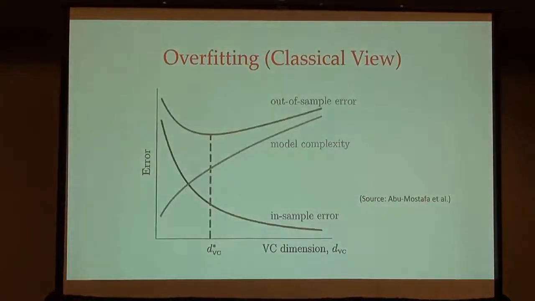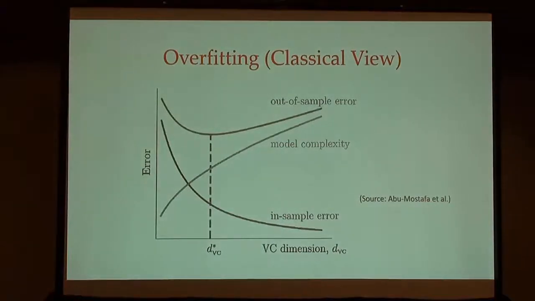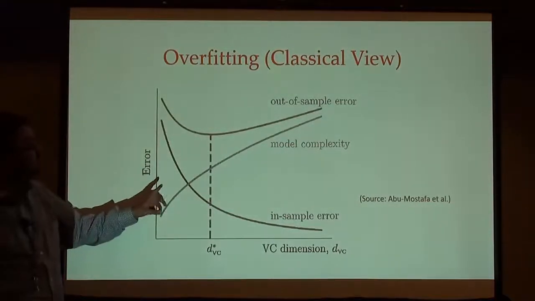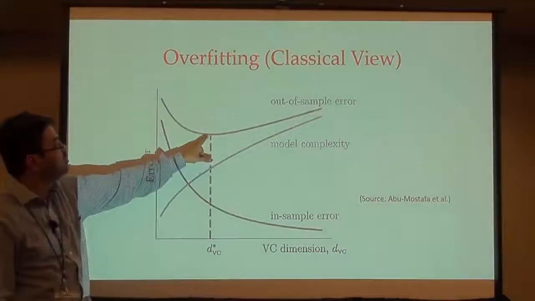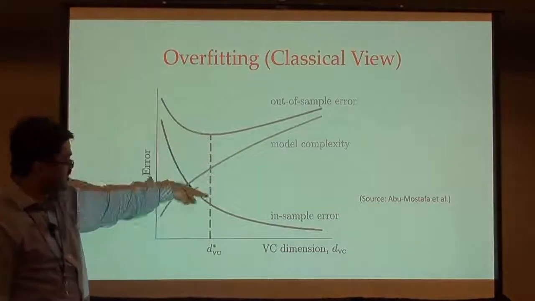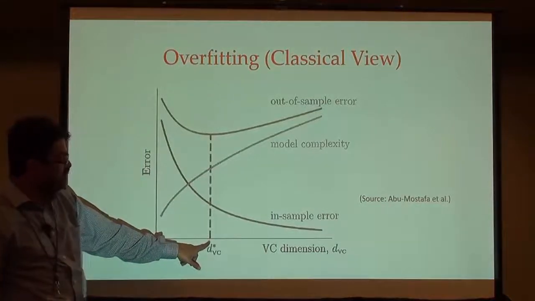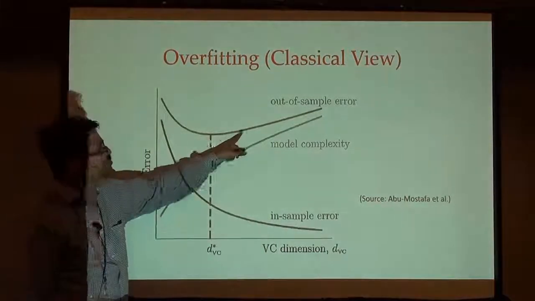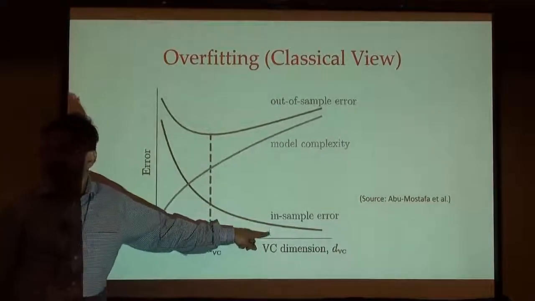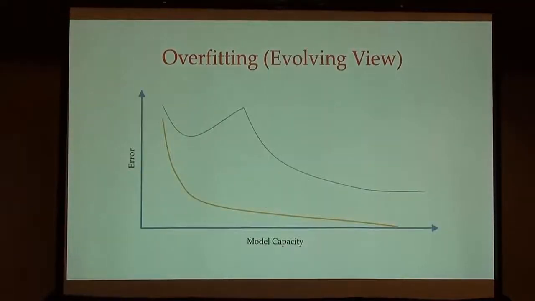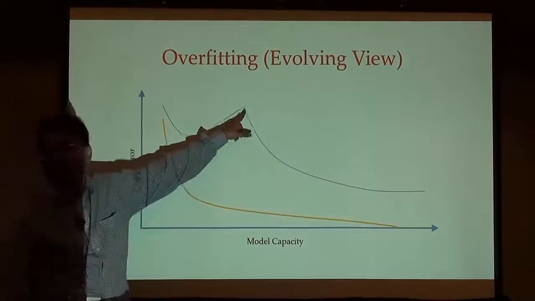The only thing that I want to say is that the overfitting thing, the classical view is this, you will get it in all machine learning books, that if you make your model too complex, your out of sample error will increase, even though your in sample error decreases. That is overfitting. And the current view that is evolving is essentially something like this.